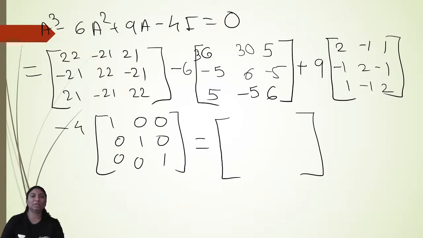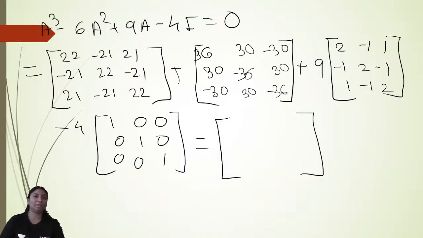Minus 6 into 5, again minus 30. Here plus 30. Here is minus 36. Here is plus 30. Here is minus 30. Here is plus 30. Here is minus 36. Okay, after multiplying by minus 6.